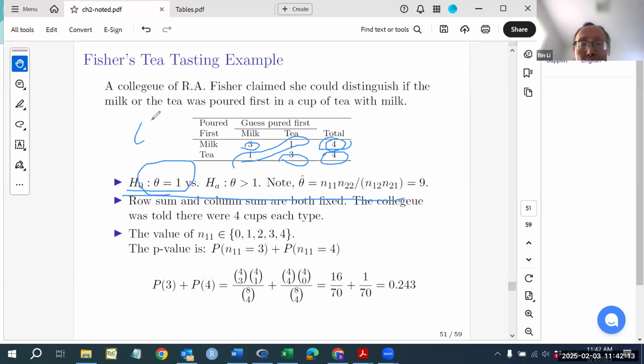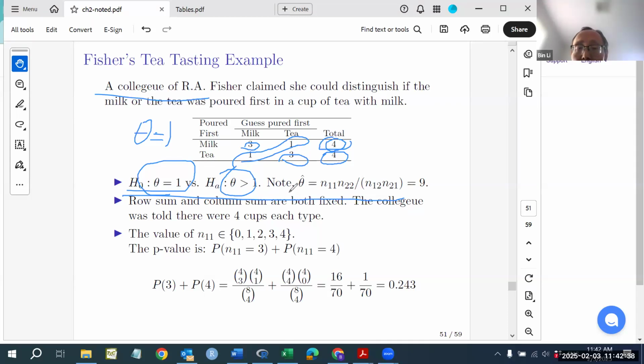The null hypothesis says theta is 1, where theta is the odds ratio. If the population odds ratio is 1, what does that mean? Remember, if the odds ratio is 1, that means the colleague has no information about which one is poured first, so they're independent. If theta is greater than 1, the colleague has some information.